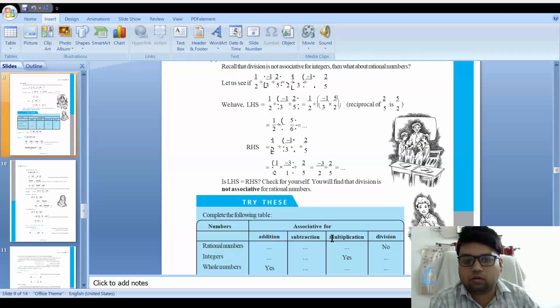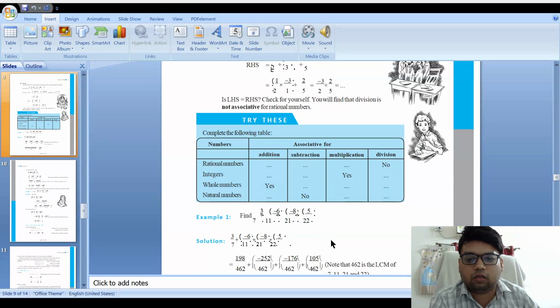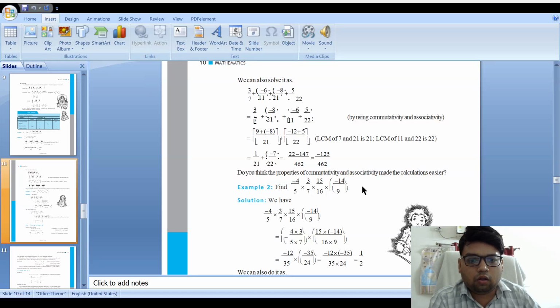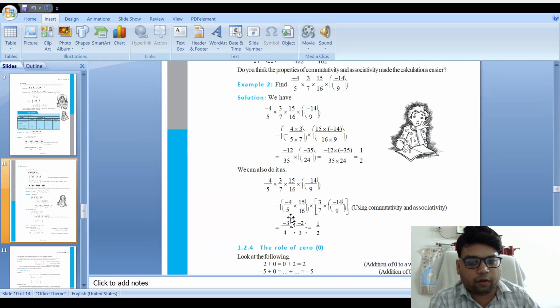Nothing is difficult or tricky here to worry about. All these are the examples for the associative property.